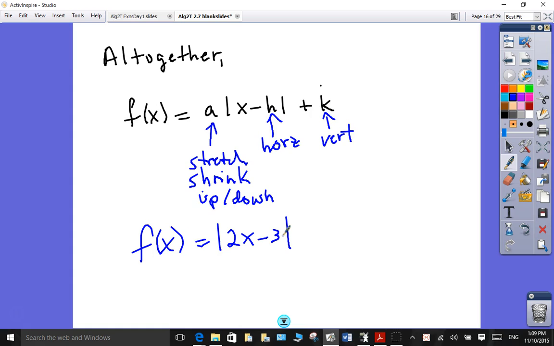Because it's a minus 3, you may think 3 to the right. But it's not 3 to the right because of that 2 in front of the x. Remember, when it shifted to the right, it was because that number was the 0 of this factor. Well, what's the 0 of this factor? What value of x makes this equal 0? 3 halves, right? So it's actually only shifted 3 halves to the right, not 3 to the right, because of that 2.